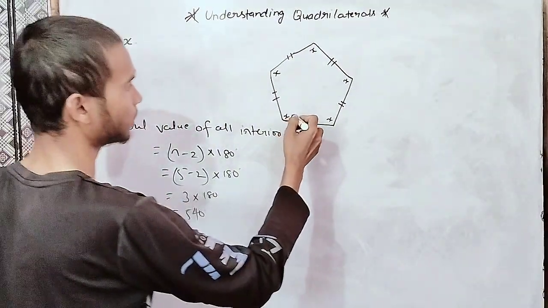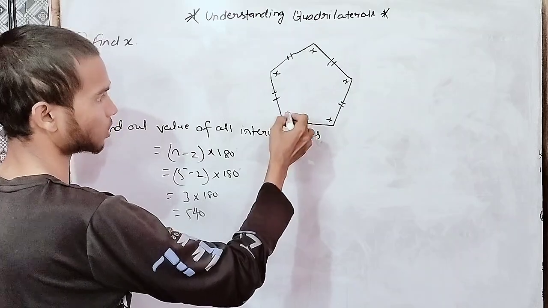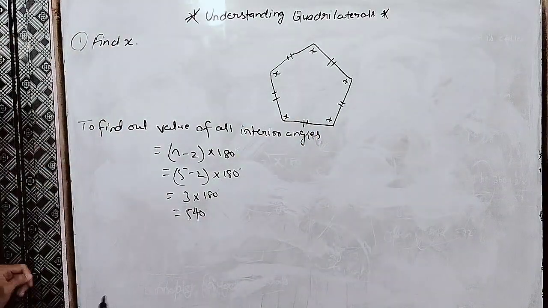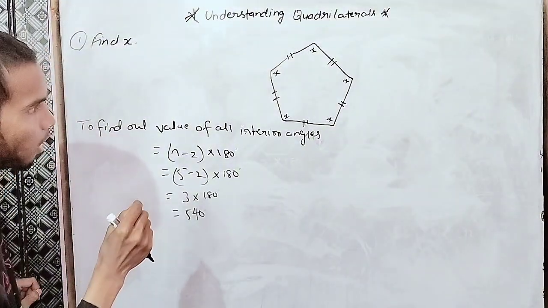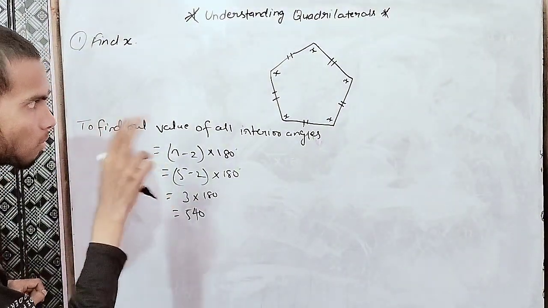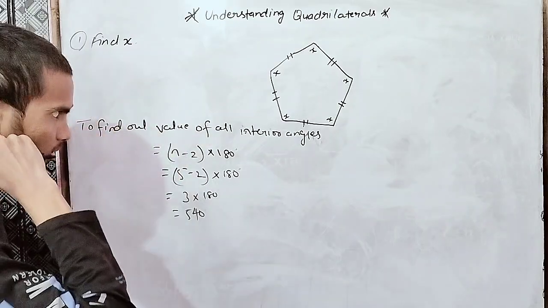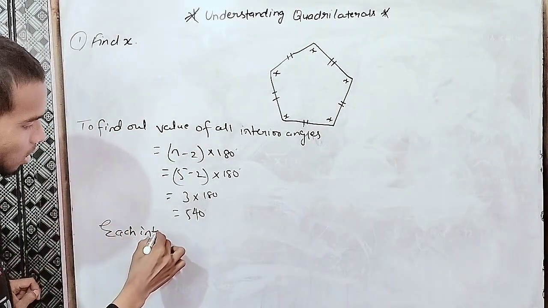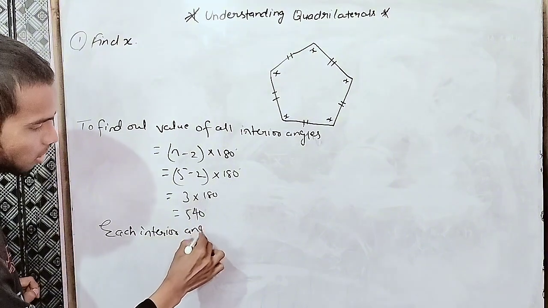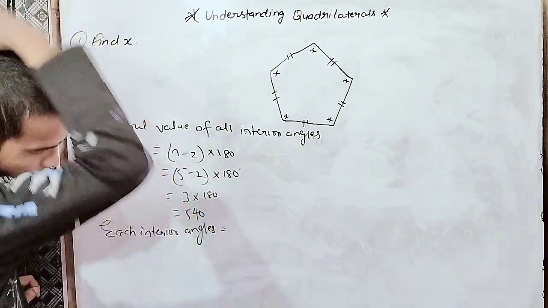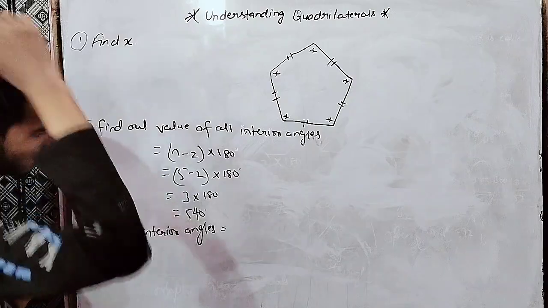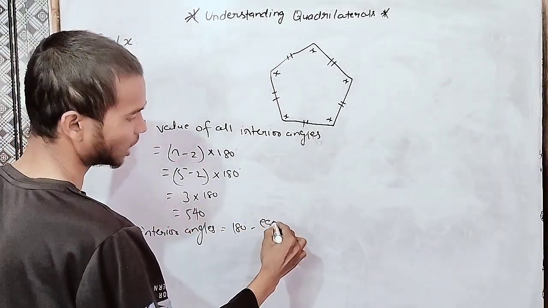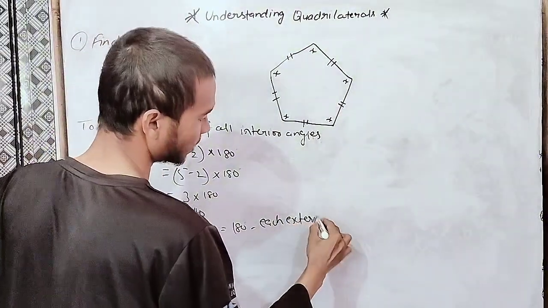But the question is asking us to find the value of x, only x. So here we need to apply the formula for each interior angle, which as we know is 180 minus each exterior angle.